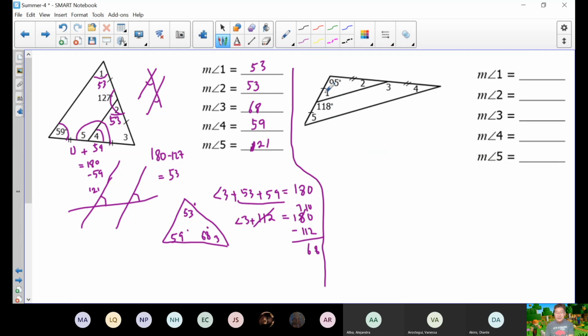Same thing, guys. This one makes together 180, right? Because it's a straight angle. 118 plus what is 180? Think about it. 180 minus 118 is 62. This is 62. So angle 1 is 62. Now, which one is the same as angle 1, which is 62? This one is 62, right? Angle 5 is also 62.